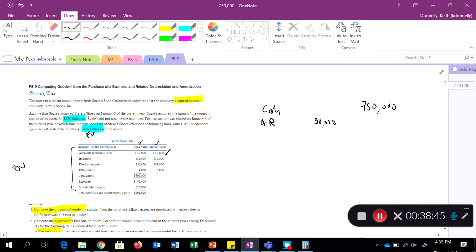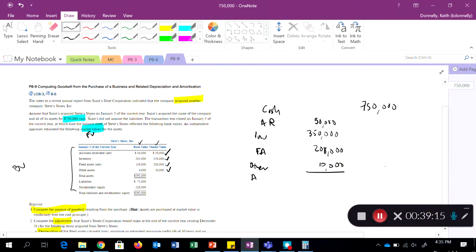We also received inventory, that's worth $350,000. We also received fixed assets worth $208,000. And then other assets worth $10,000.